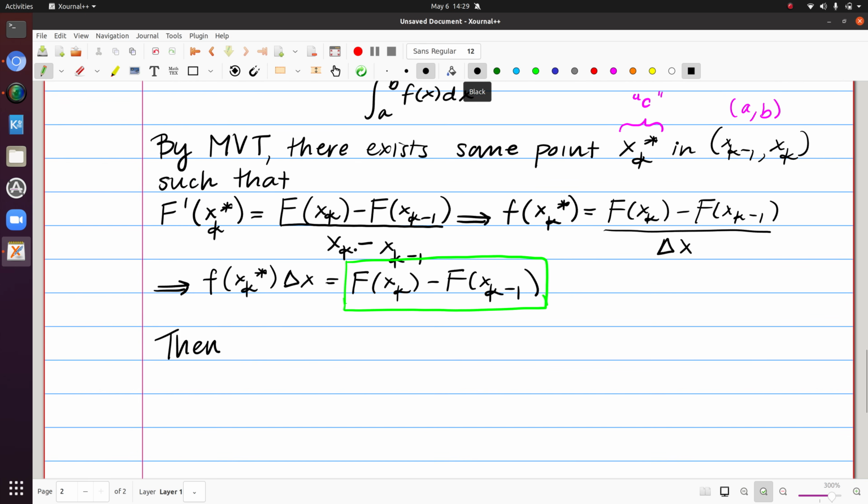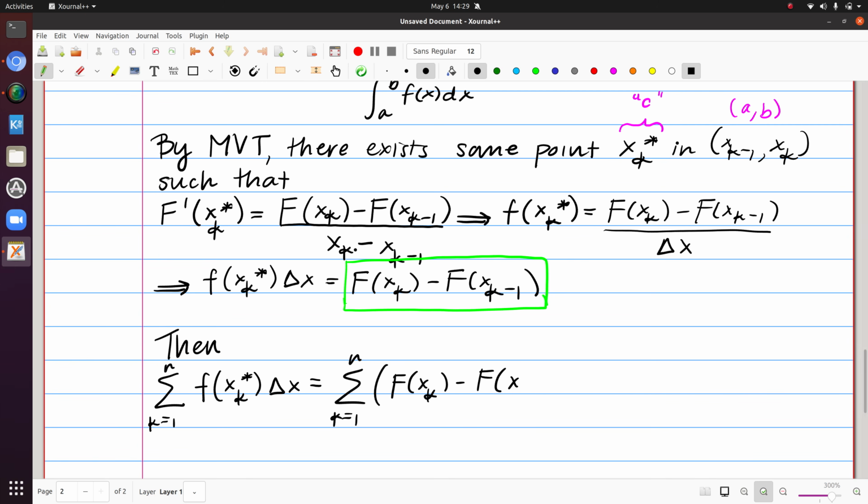The sum from k equals 1 to n of little f of x_k star delta x is equivalent to the sum from k equals 1 to n of big F of x_k minus big F of x_{k-1}. That's what we get from the mean value theorem. So let me just chunk this part. Call that from the MVT.